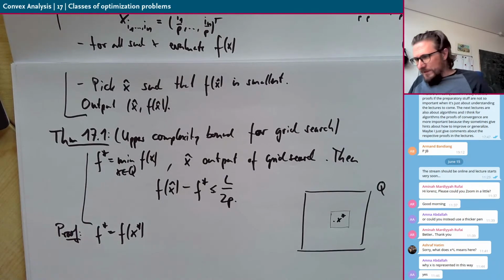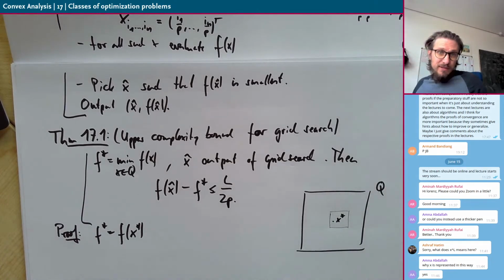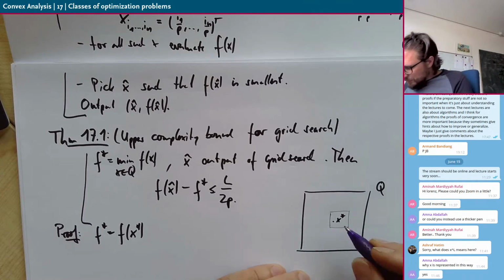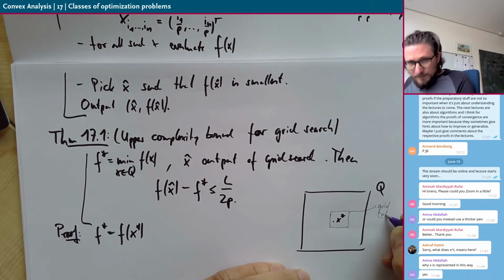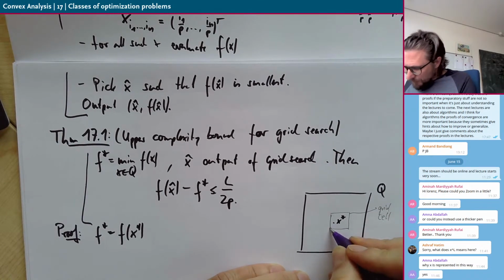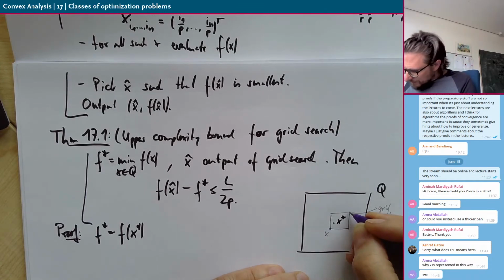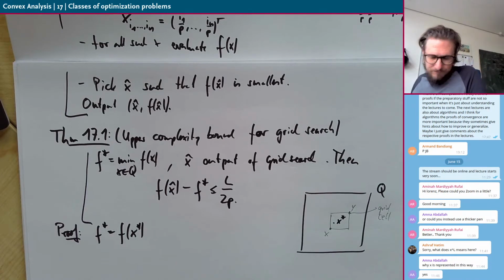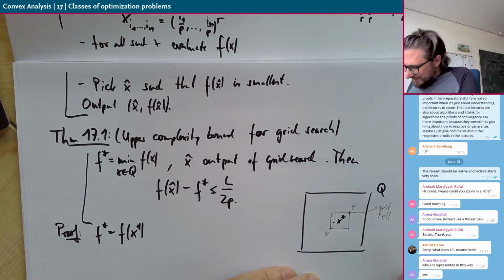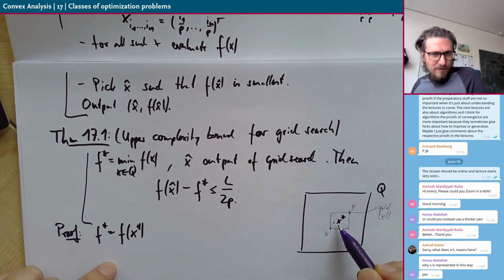I hope I already answered the question that this choice of grid is not particularly important, but this is easier to analyze. So let's say this is our grid cell, and the point down left here I call X, and the point up here I call Y. So this x star, the algorithm has never seen.